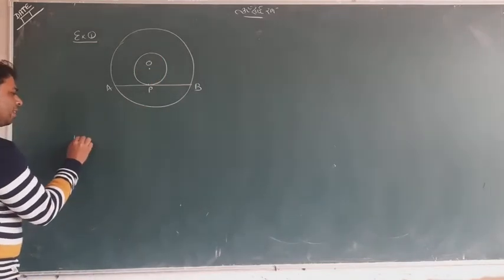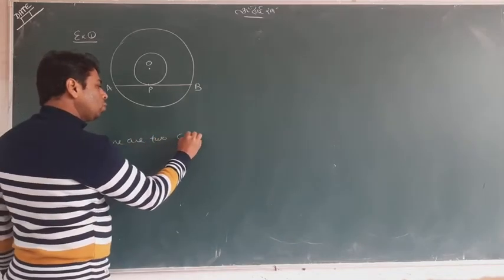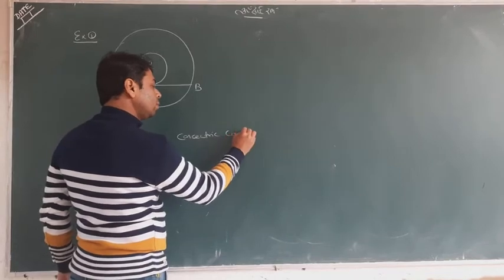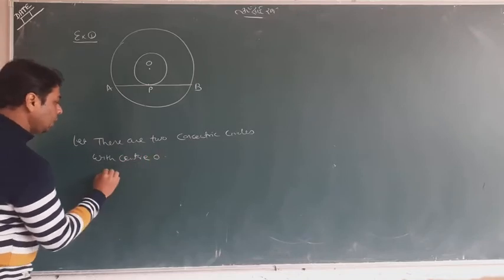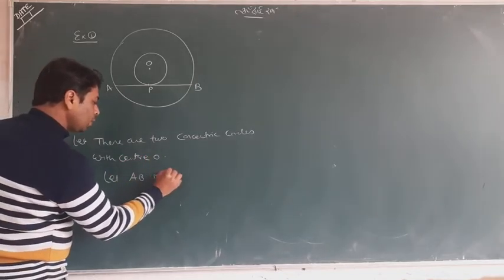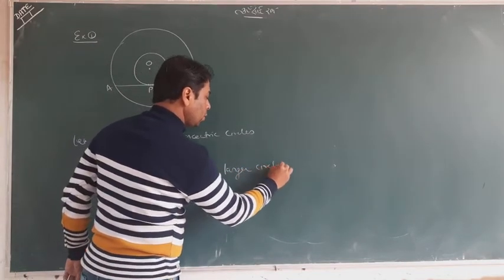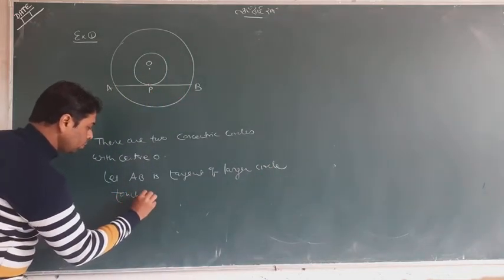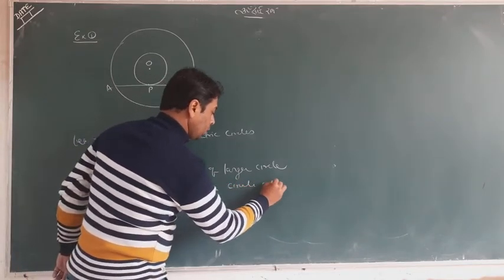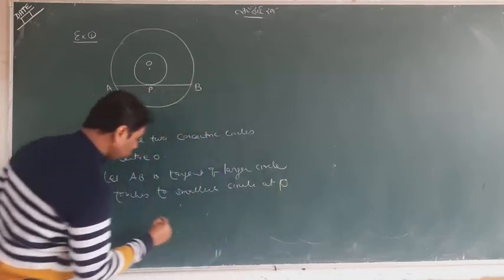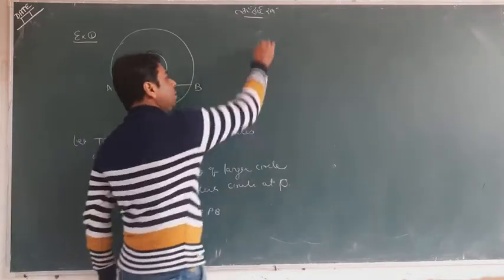Suppose it is O. Let there be two concentric circles with center O. Let AB be a chord of the larger one touching the smaller one at point P. To show: PA equals PB.